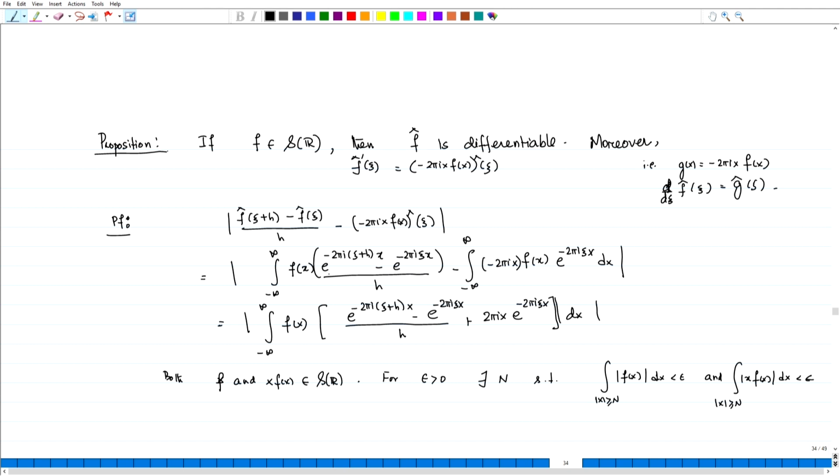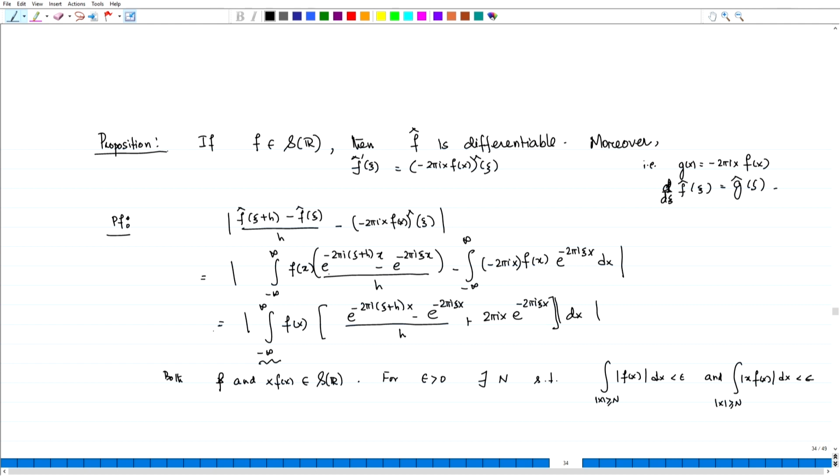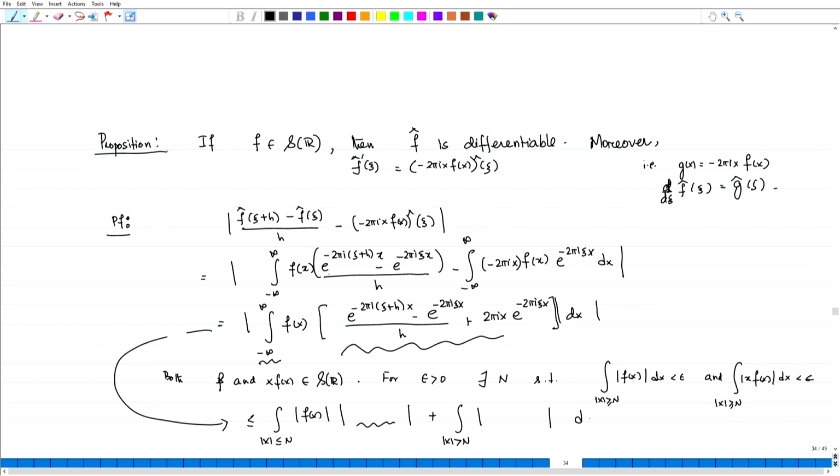So, therefore, what we will do is break this integral into mod x less than N and mod x greater than N. Now, this integral is less or equal to the integral over mod x less or equal to N of mod f(x) times this quantity, plus the integral over mod x greater than N of this quantity dx. So, that is what we will plug in if we push the mod inside.